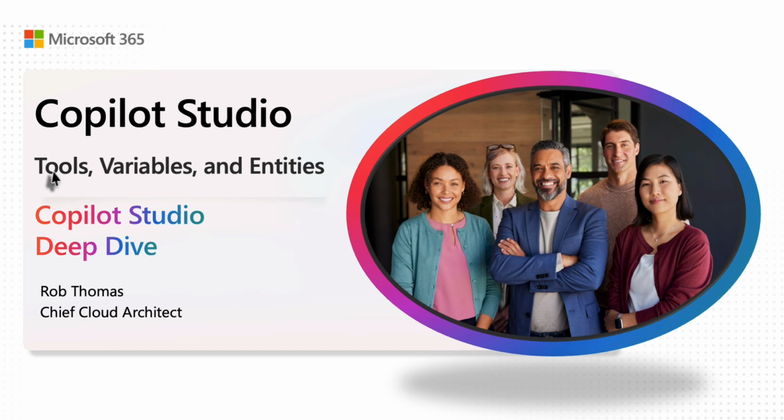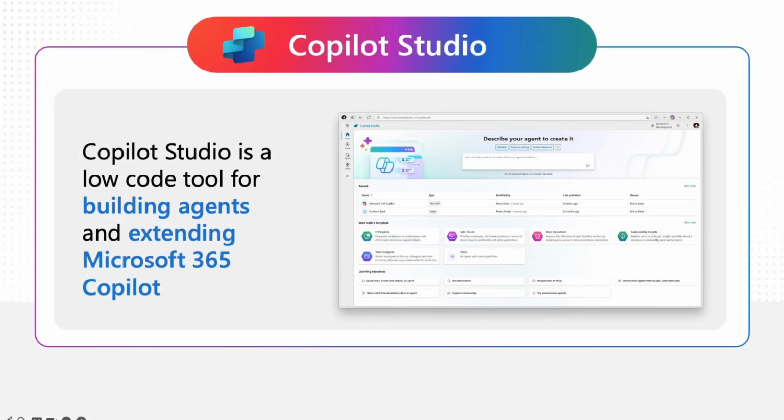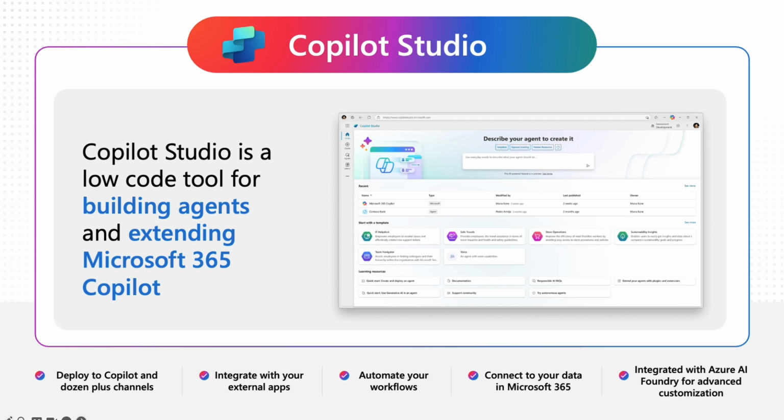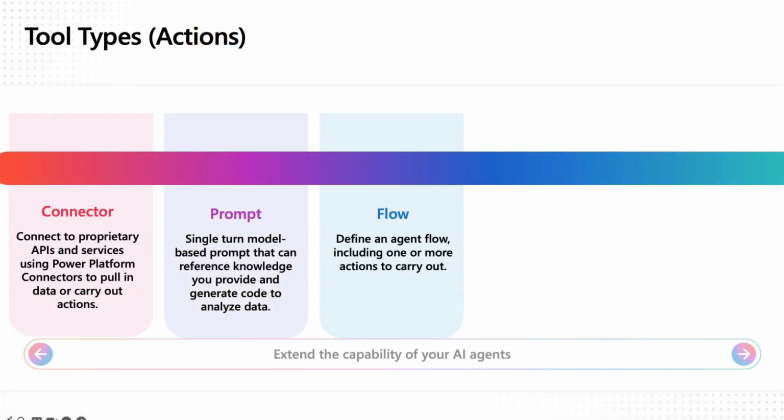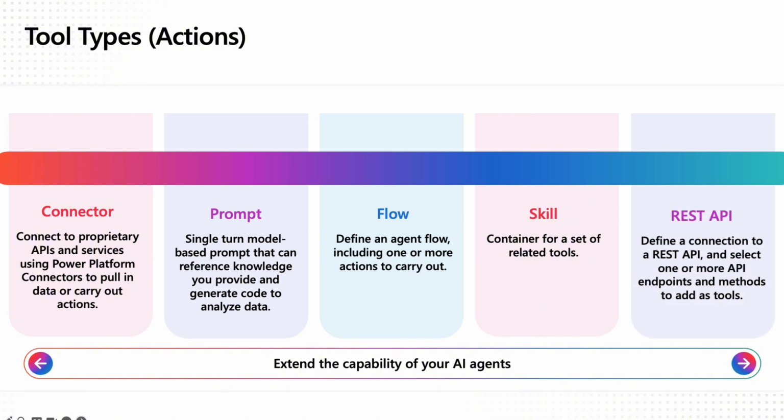Copilot Studio provides several powerful elements, and one of them is tools, which was previously actions. I'm going to talk about five key tool types: connector, prompts, flows, skills, and the REST API. Flow actions use Power Automate. A prompt tool uses AI Builder.